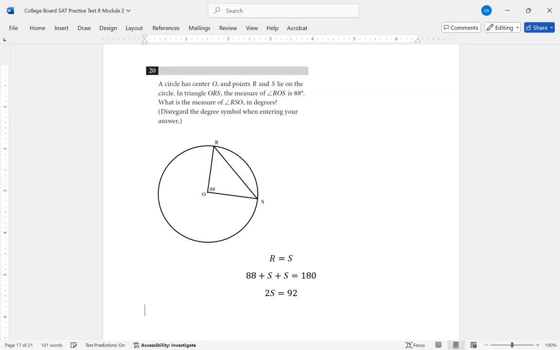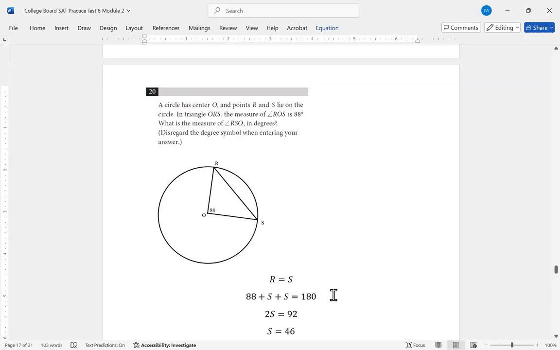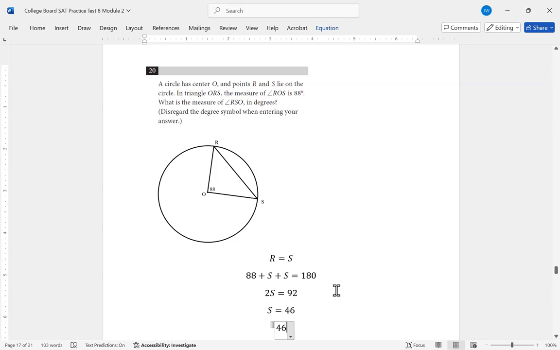And then I would divide both sides by 2. The angle at S is equal to 46 degrees. And that's the final answer. So the measure of RSO, I'm just calling that S for short, angle RSO is 46 degrees. So 46 is the final answer to question number 20.